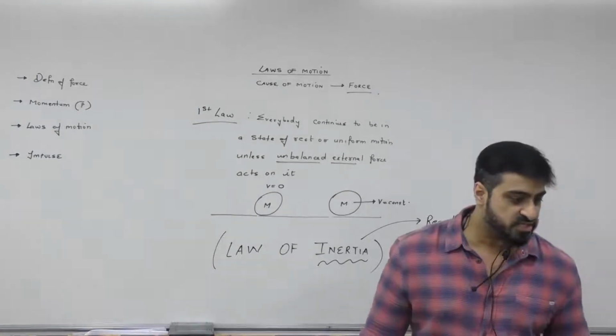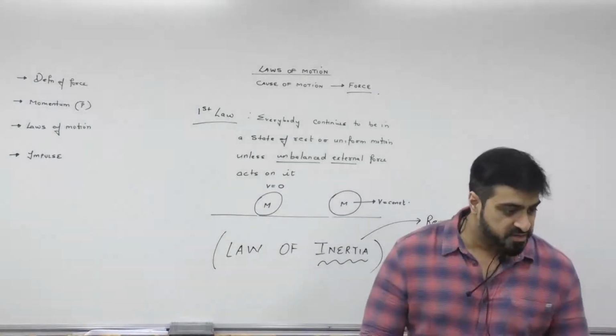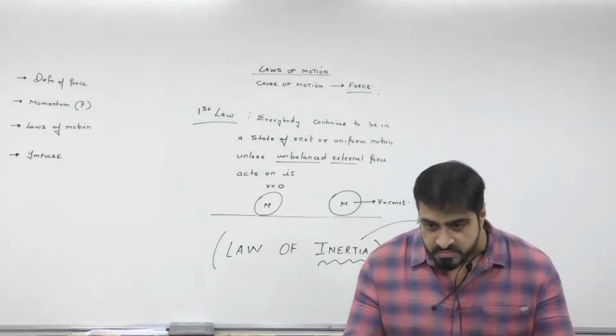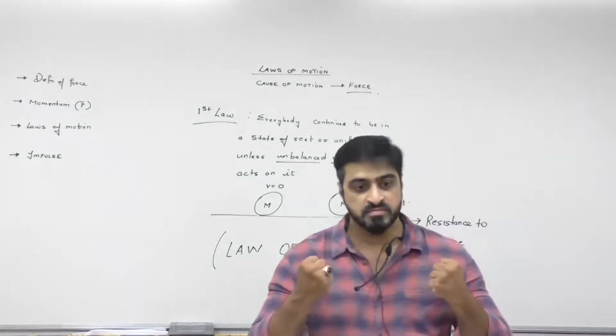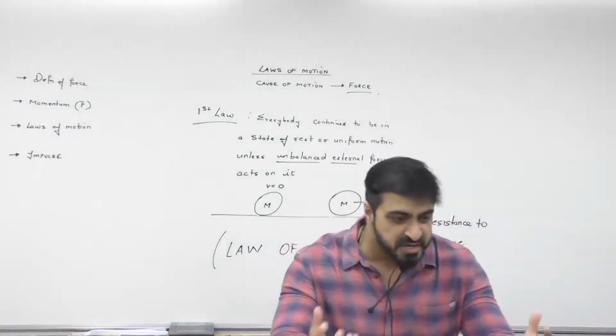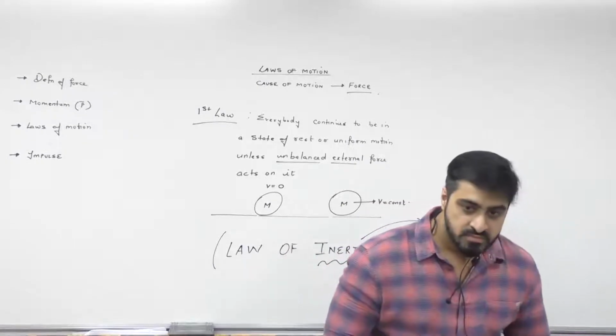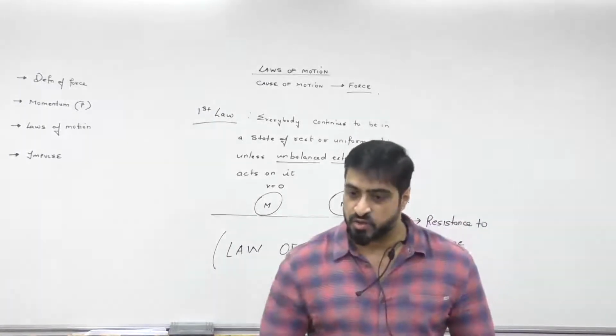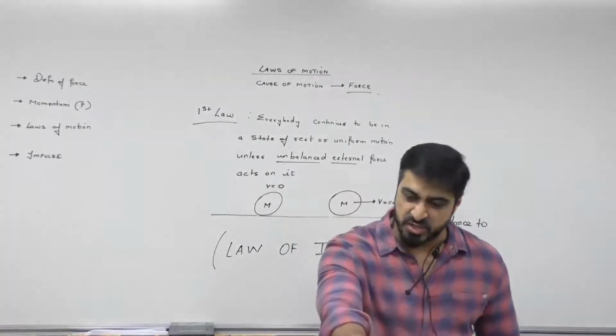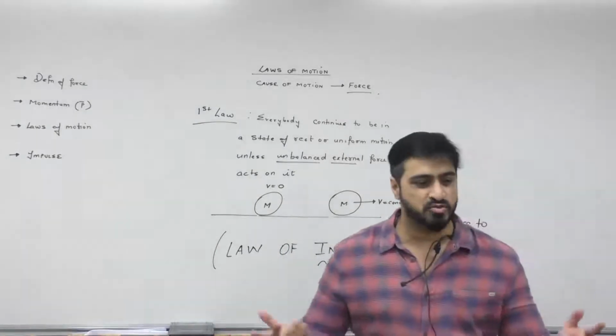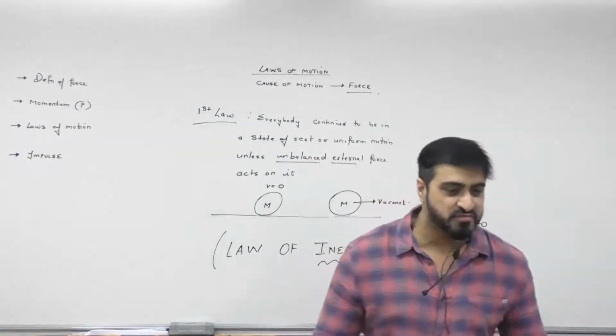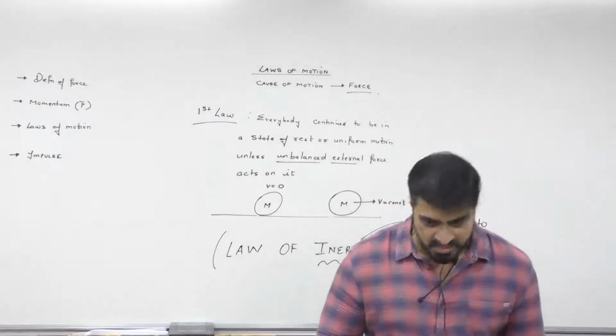First I told you all there is a test. I tried to change your condition. You opposed. That is inertia from your side. Then I want to change your condition, so I apply what? Unbalanced external force. If I tell you, whoever wants to give, give, whoever doesn't, don't, no one will give. Understand?